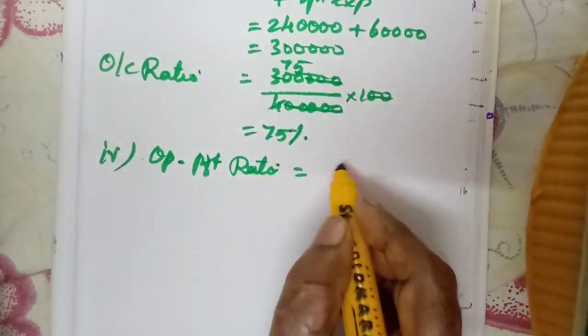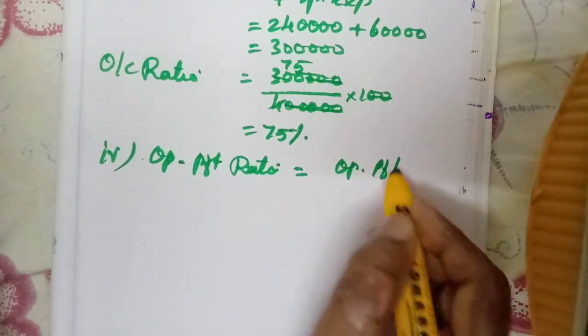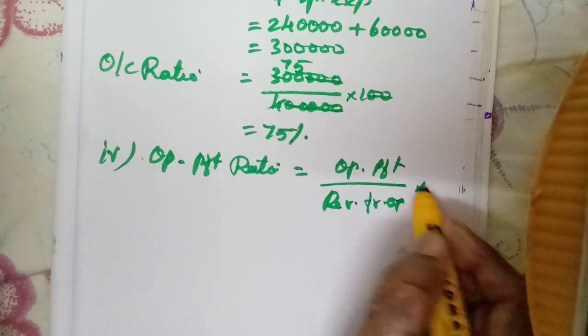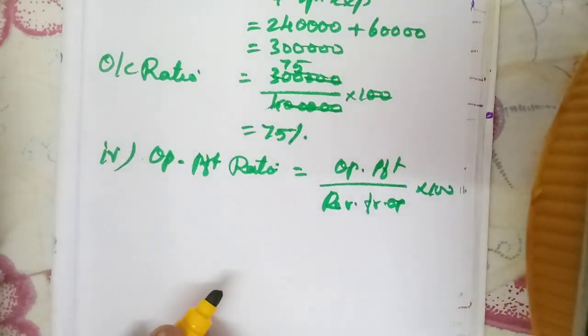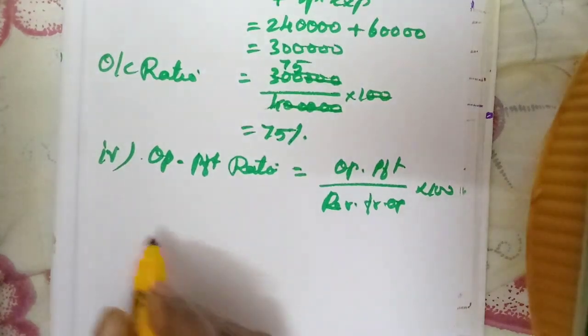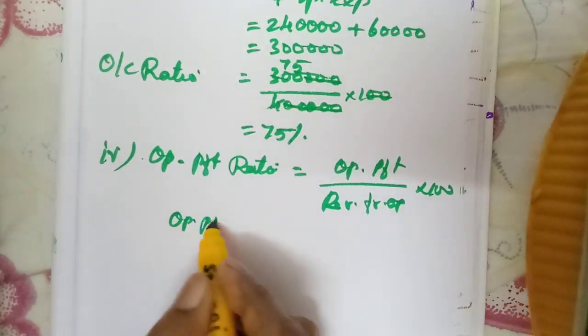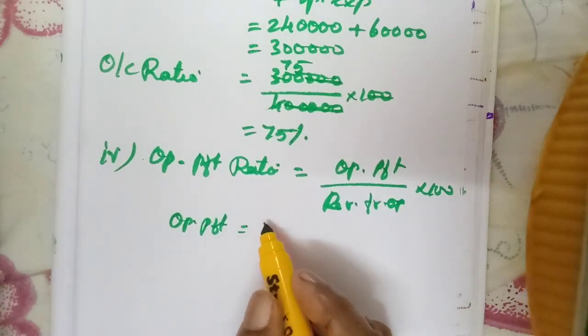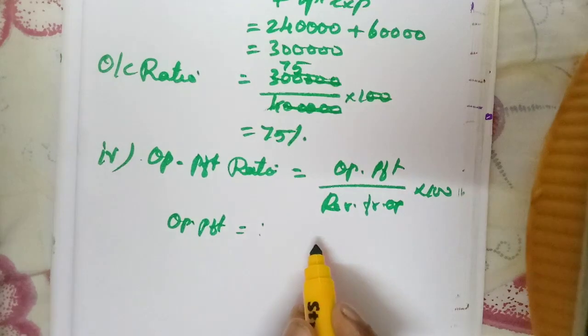Operating profit ratio, the formula is very easy, isn't it? Operating profit divided by revenue from operation into 100. Here we need to calculate operating profit.